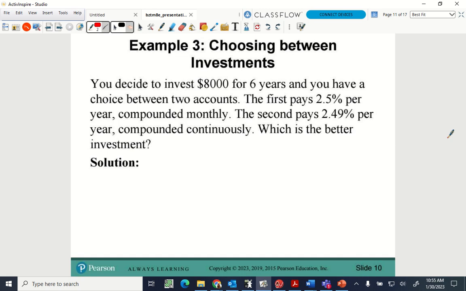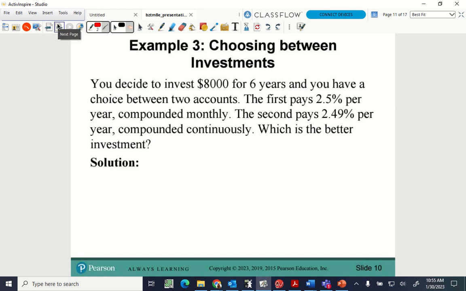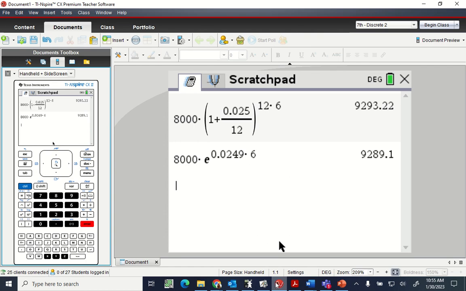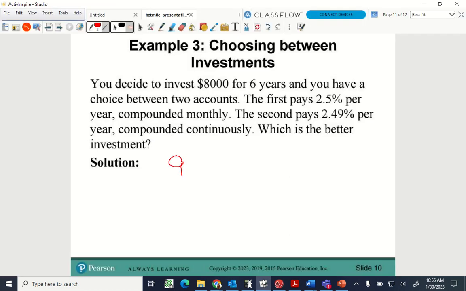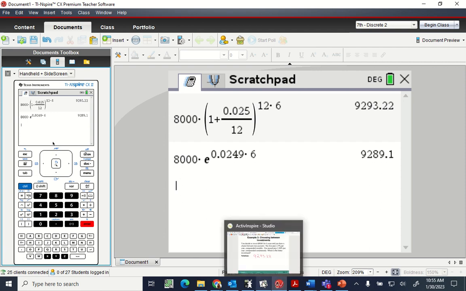So the first one is compounding monthly, and this one's compounding continuously. My first one is going to be $9,293.22. The next one's $9,289.10.